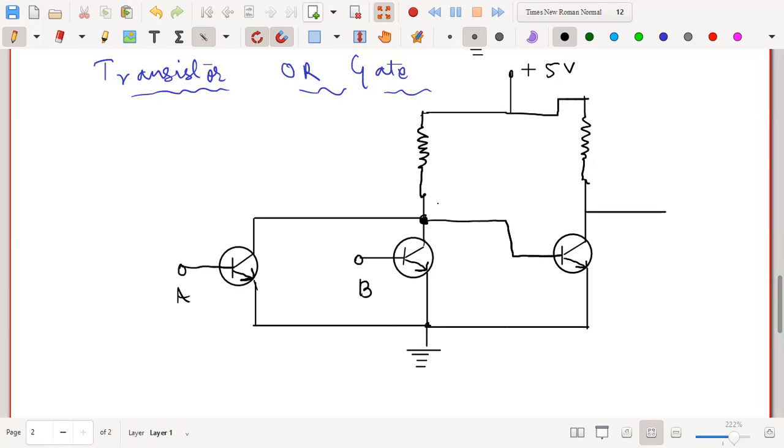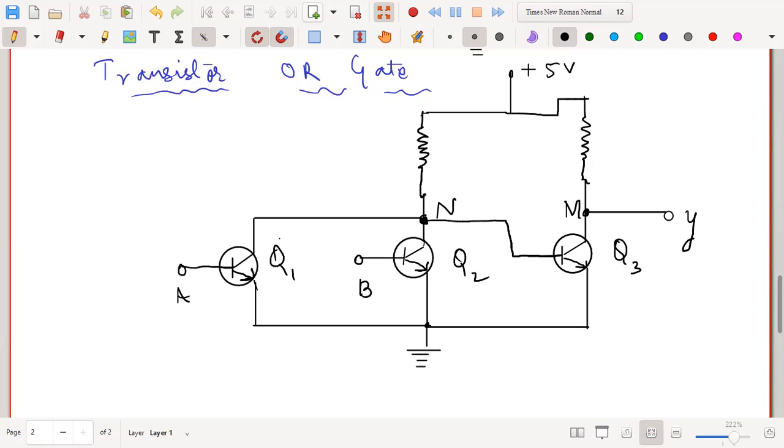Now I will call this point N and this point M. Whatever is the voltage at M, that will be the same voltage as the output Y. Now let me name this transistor Q1, the other transistor Q2, and this one Q3.